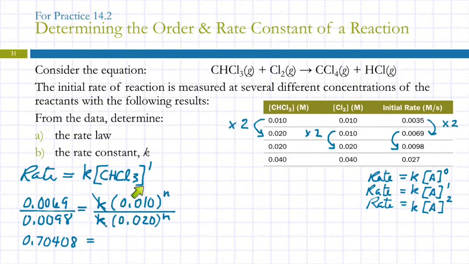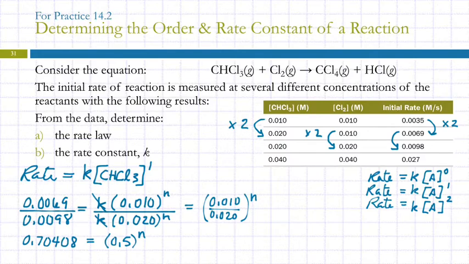And then this simplifies, if you remember from our other little experiment, to this fraction raised to the n power. So we can actually do that division, which is 0.70408. So this equals 0.5 raised to the n power.